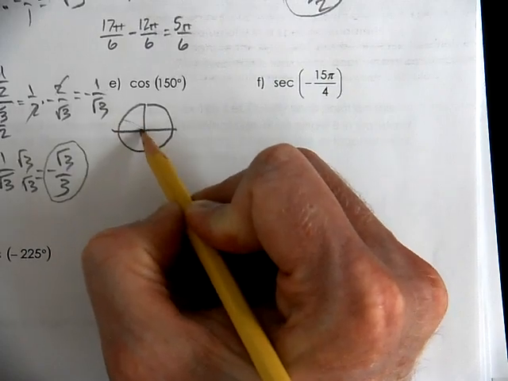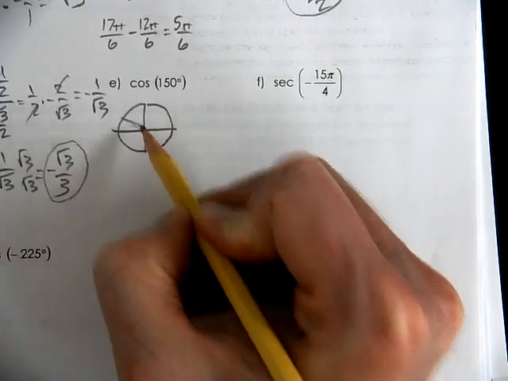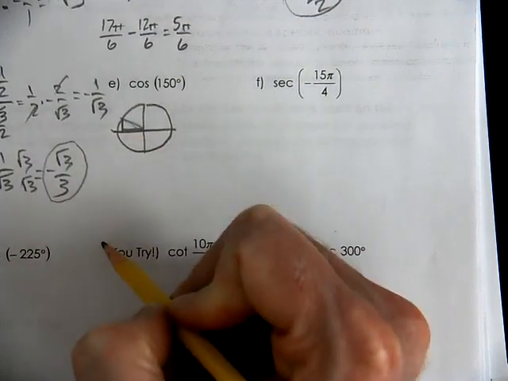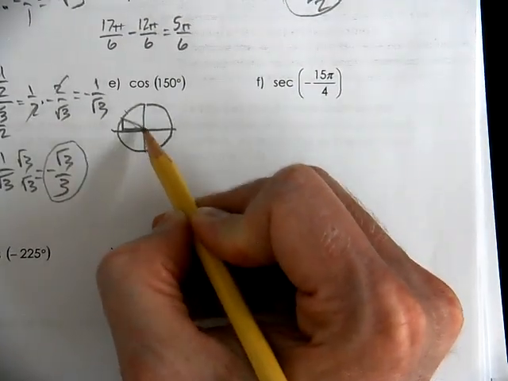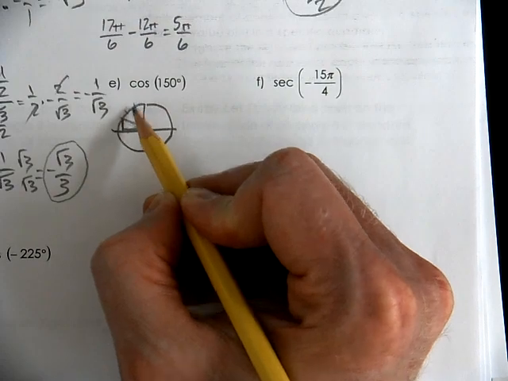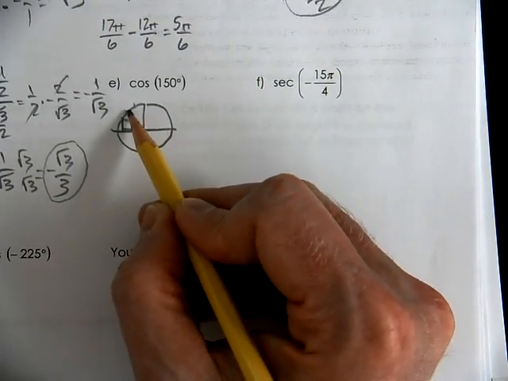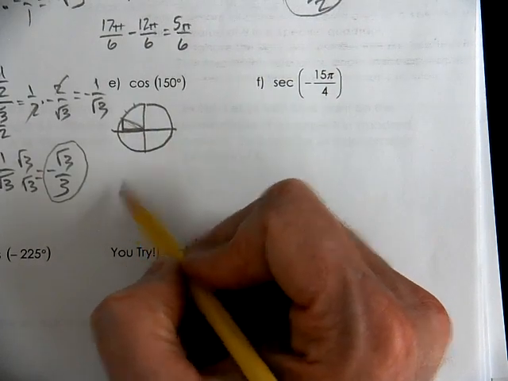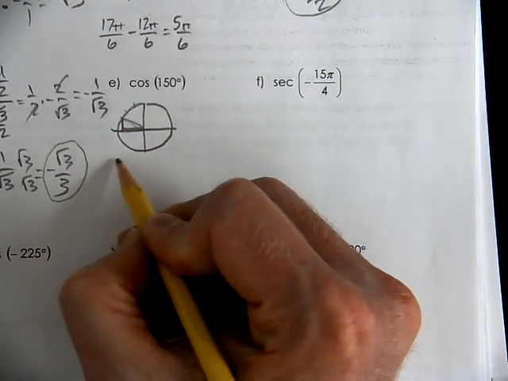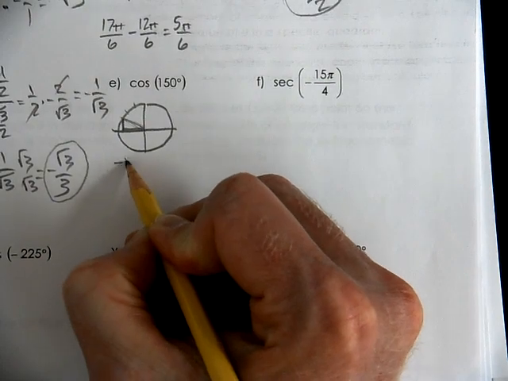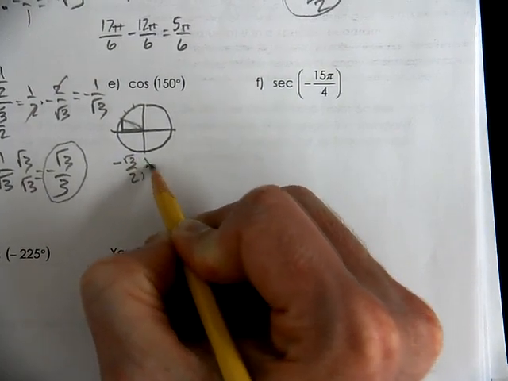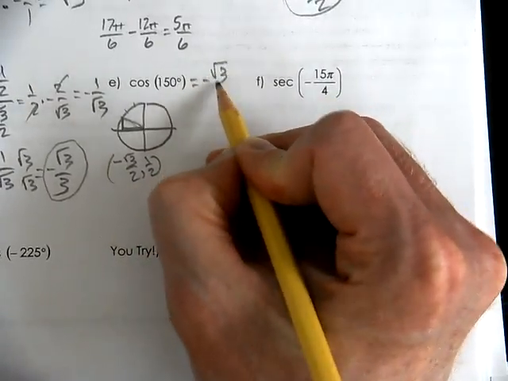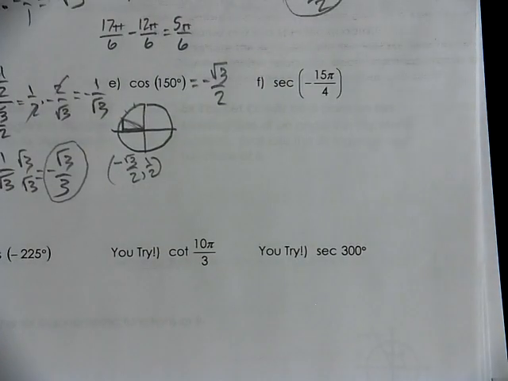You're looking for 150. You know that that's a long way over and a short way up. 135 would be in the middle. 120 would be above that. So those are the three spots. So you got to remember 150 is the farthest one over. So long, short. So that's negative root 3 over 2 up a half. And the cosine is the x. And you're done.